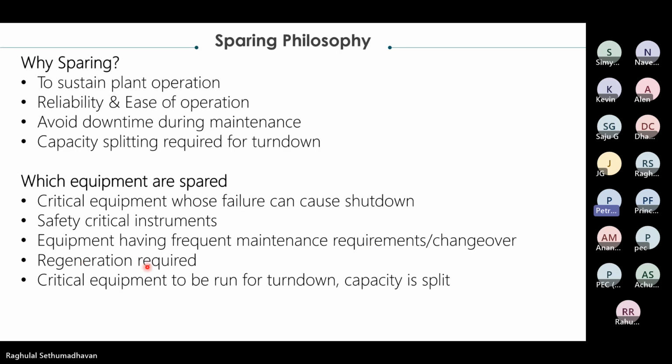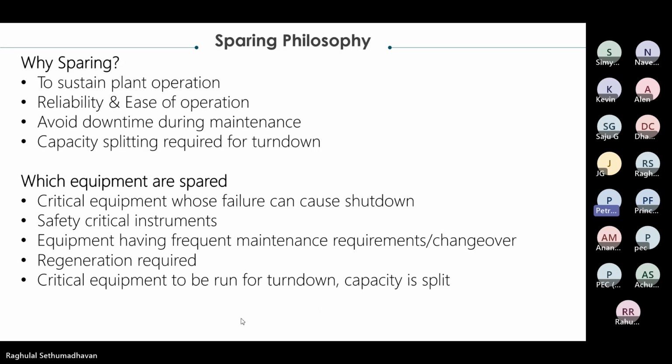If there is any regeneration required, like filters or dryers, it will also require a spare. For critical equipment we run for a turndown. There is no capacity splitting. Suppose our plant needs to be run at 30% turndown, then we'll have to take that into consideration while fixing the sparing.